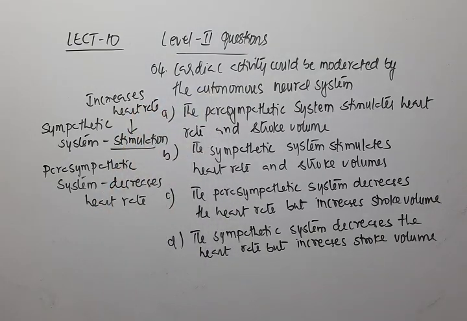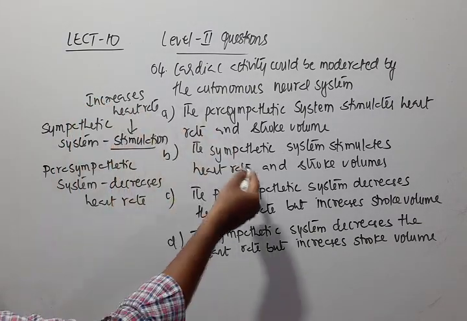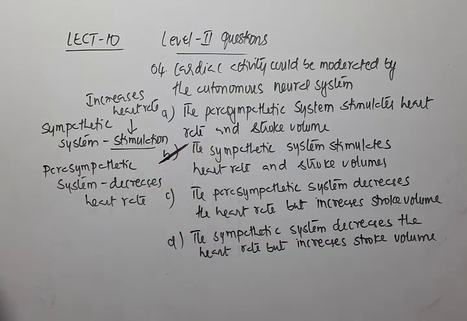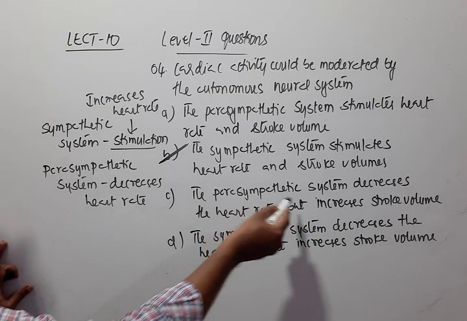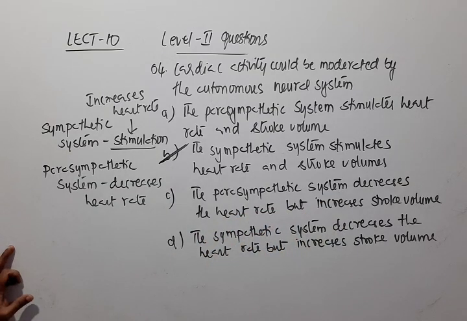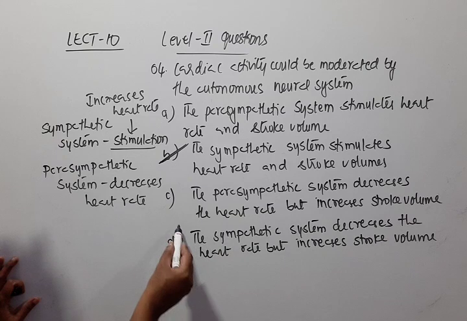Hence the first option is a wrong option. Then the next one, the sympathetic system stimulates heart rate and stroke volumes. Yes. As I told, when the heart rate increases, the stroke volume also increases. The next one, the parasympathetic system decreases the heart rate but increases the stroke volume. Not at all. When the heart rate increases, there will be an increase in the stroke volume too. Then this is a wrong option.